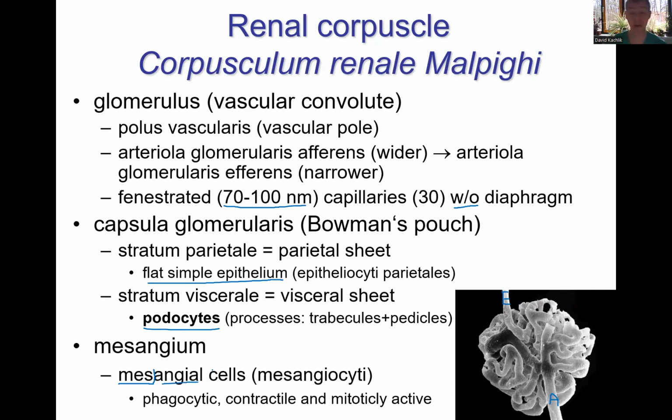So these cells are in between, and they also produce an interstitial structure which is called mesangial matrix. But their function is to be phagocytes, to remove waste which can be entrapped here. They are contractile, so they can move the loops of capillaries a bit, and they are mitotically active.